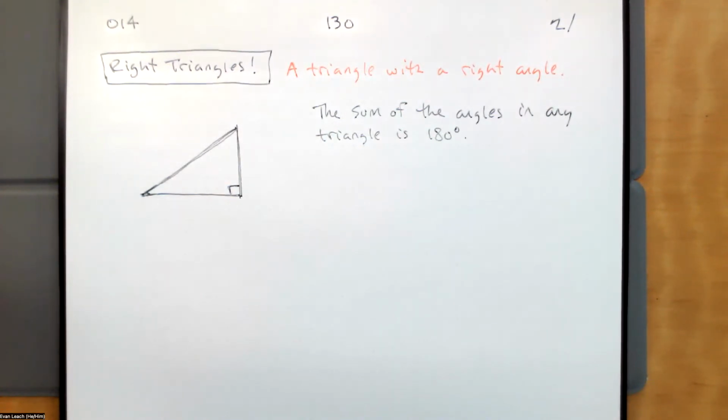That means in a right triangle, the sum of the acute angles is 90 degrees.